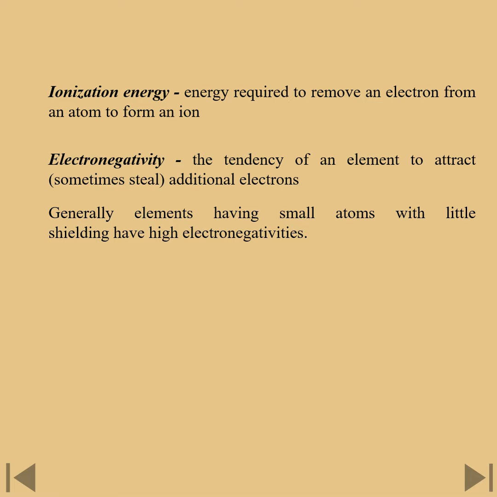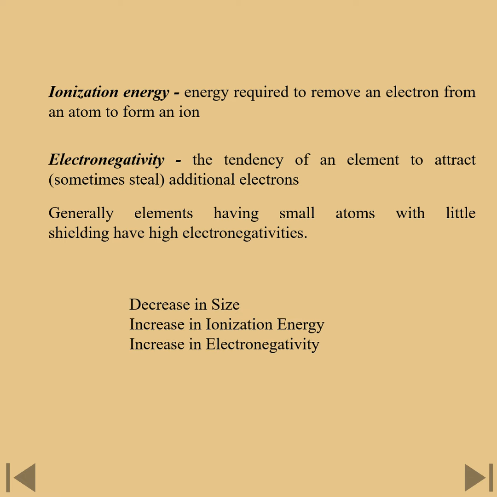And so what we're going to see is all 3 of these following the same trend. A decrease in atom size, an increase in ionization energy, and an increase in electronegativity all proceed up and to the right of the periodic table. So up and to the right we have the smaller atoms, the highest ionization energy, and the highest electronegativity.